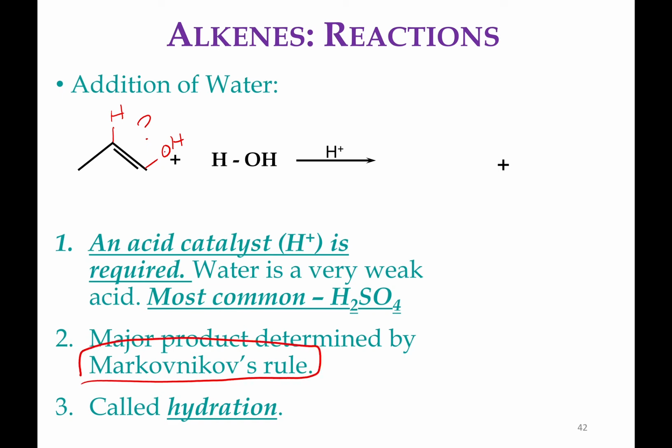So the hydrogen will prefer to go here, and the OH will prefer to go here. So we have two possible products here. This would be our major product, and this would be our minor product.